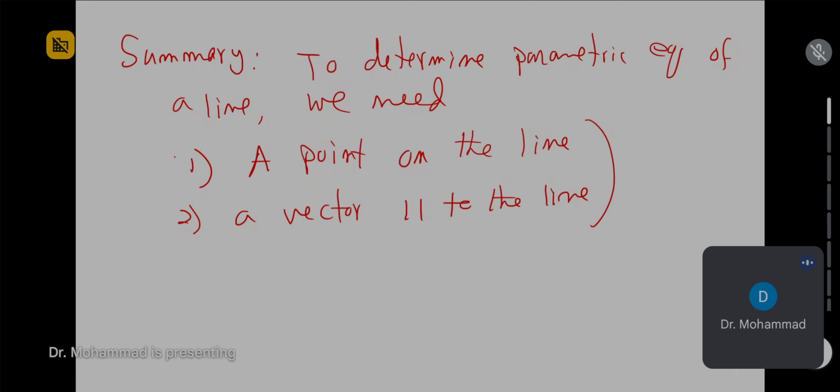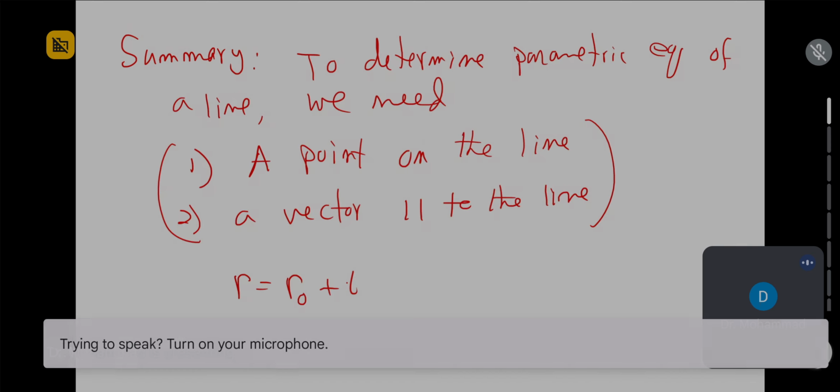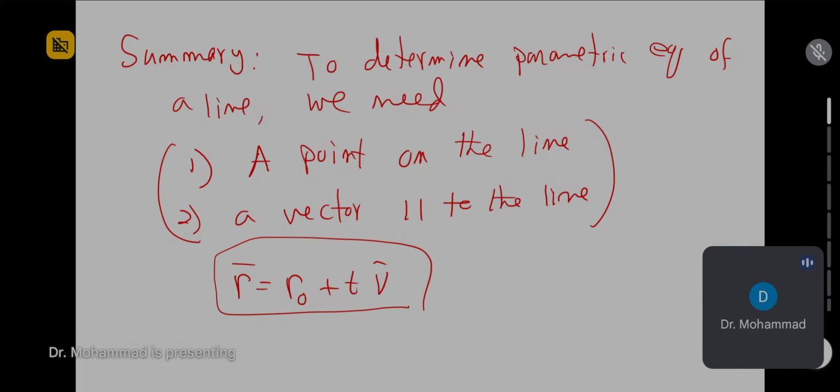If we have these two things, then we can form the parametric equation, R equals R naught plus TV.